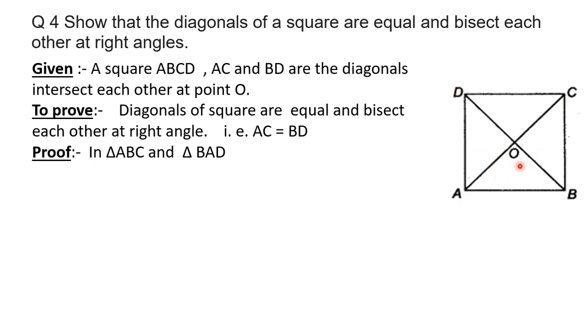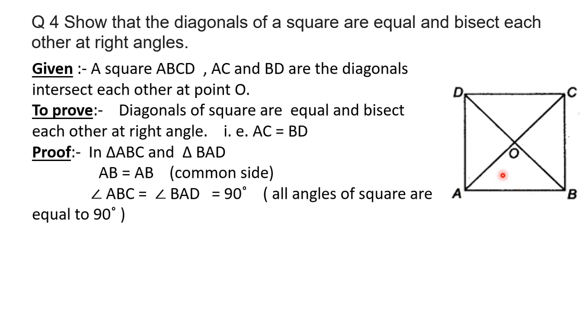In these two triangles, ABD and ABC. First of all, we have observed we are having these two triangles are on the same base AB. So first is in these two triangles AB is equal to AB, that is the common side, and angle ABC is equal to angle BAD.